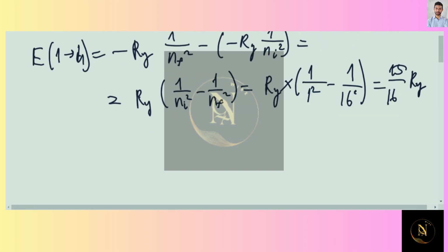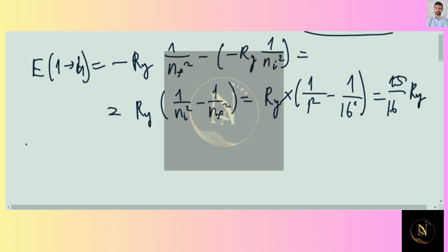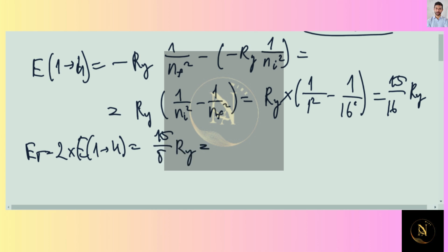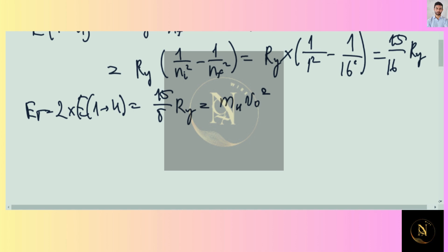On the other hand, the total energy of the system equals 2 energies of these transitions, which is in turn 15 over 8 Rydberg constant, and it also equals the mass of a hydrogen atom multiplied by its squared velocity. So therefore, the initial velocity of hydrogen equals 15/8 of the Rydberg constant divided by the mass of hydrogen, all square rooted.